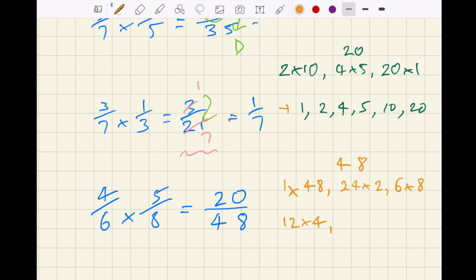So let me just write them out numerically like I did with the 20s. So let's do them in order. You've got 1, you've got 2, and it doesn't seem to have 3. I wouldn't be surprised if 3 went into it. Let's find out. 3 into 48. 3 into 4 goes once with 1 left over. Yes, 16. 3 and 16.